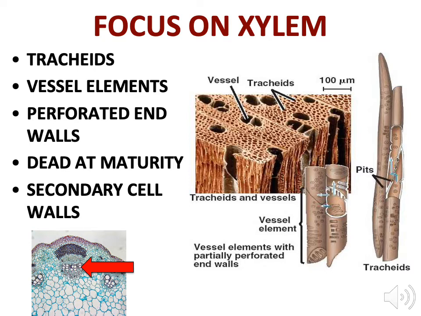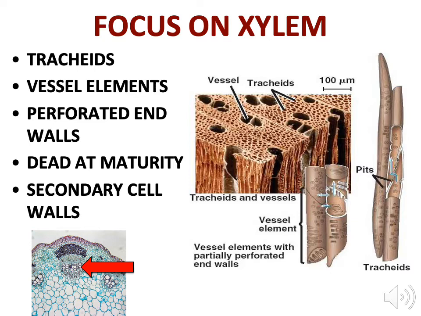There are tracheids, which are long and narrow, generally with kind of pointed, slanted ends. And then there are larger diameter xylem cells called vessel elements that are usually a lot more truncated at the ends. So you will see to the right an illustration of tracheids far right and vessel elements a little bit to the left of those.